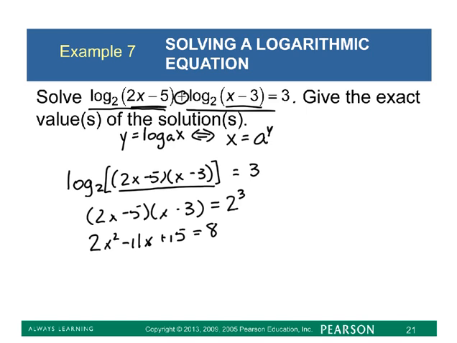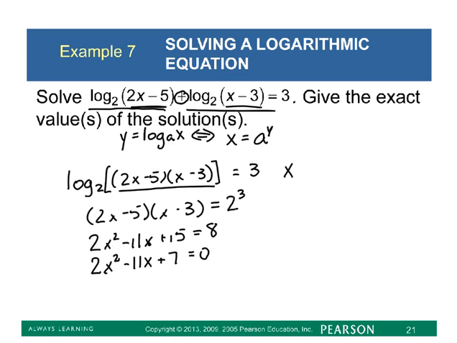We need to multiply this all out first so we can subtract 8 from both sides and have a quadratic that is set equal to 0. Now we can either factor or use the quadratic formula at this point. And since this does not factor, we're going to have to use the quadratic formula.